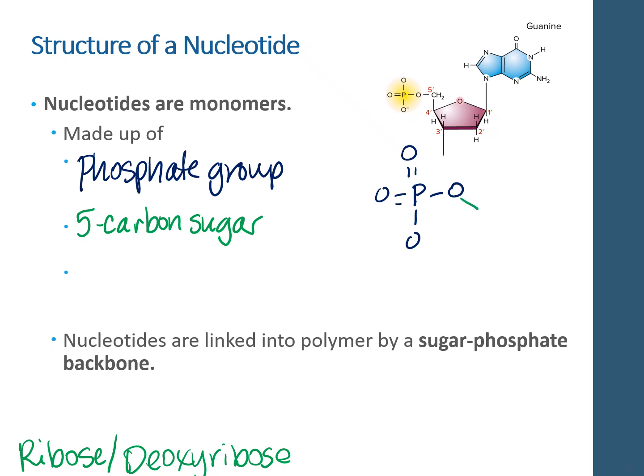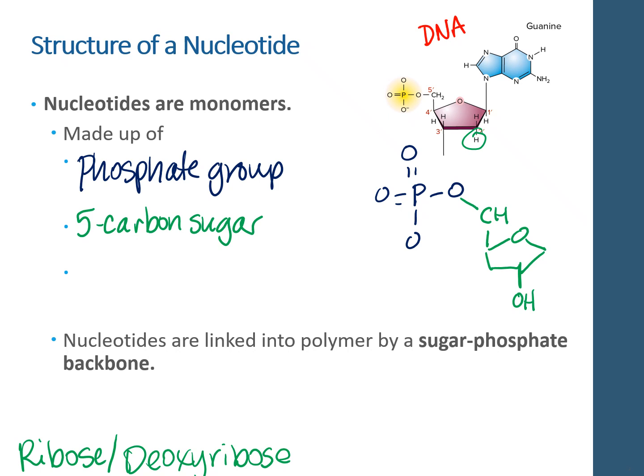That sugar is a 5-carbon sugar that only differs between DNA and RNA by the presence of a hydroxyl group at one corner. Deoxyribose does not have that hydroxyl group. Ribose, on the other hand, does have that hydroxyl group there. So this image up here is going to be your DNA. This one down here will be your RNA.